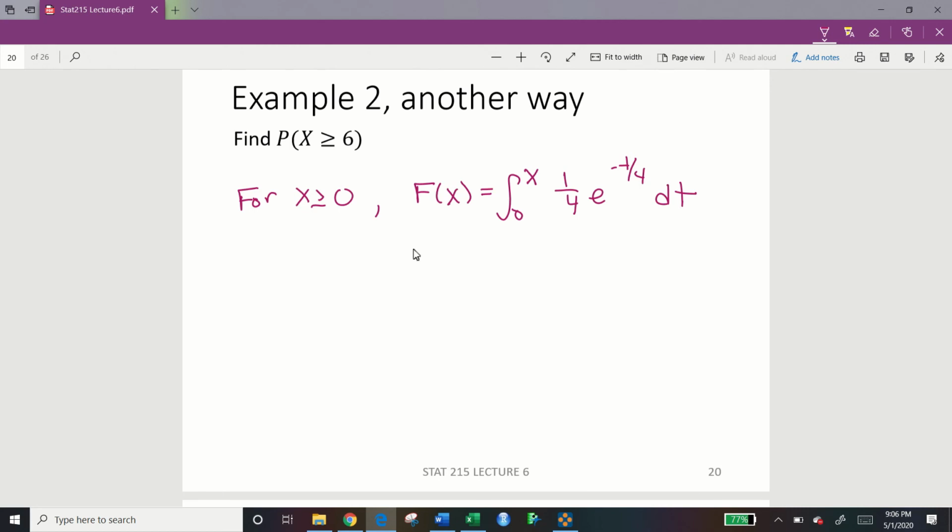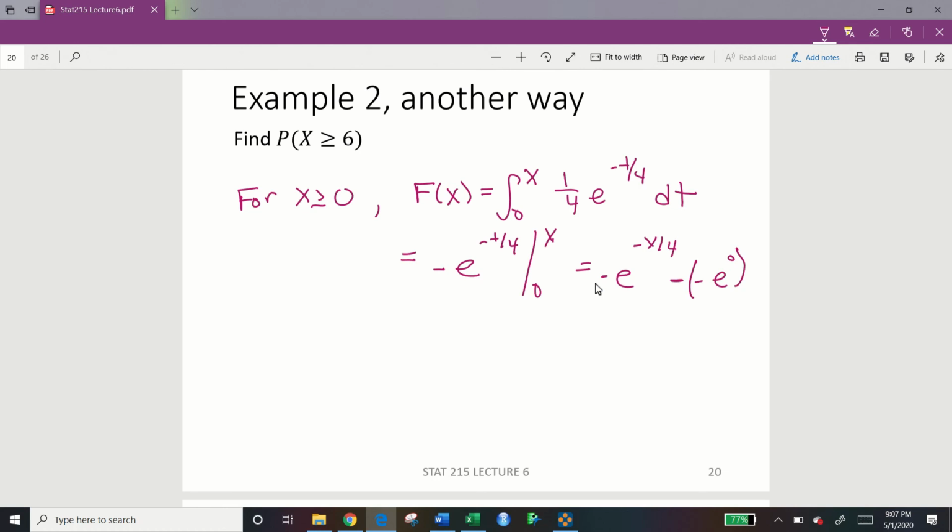This means that if we integrate, we have negative e to the negative t over 4 from 0 to x, which is equivalent to negative e to the negative x over 4 minus negative e to the 0.